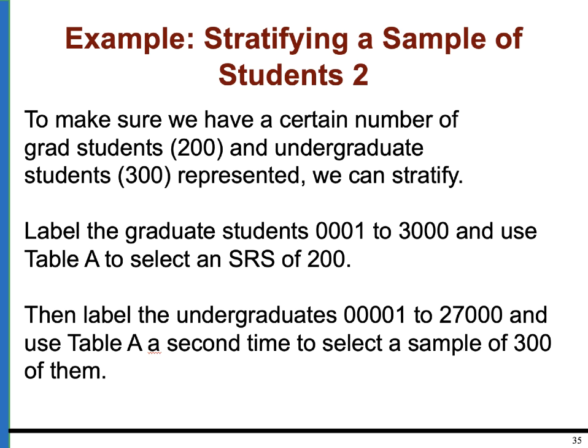You will have to take 4 numbers at a time since you're going from 0001 to 3,000. Now you can do the same thing for undergraduates, label them 00001 to 27,000, and then get a sample of 300 students. So you're going to have 200 randomly selected from graduate students, 300 randomly selected from undergraduate students.